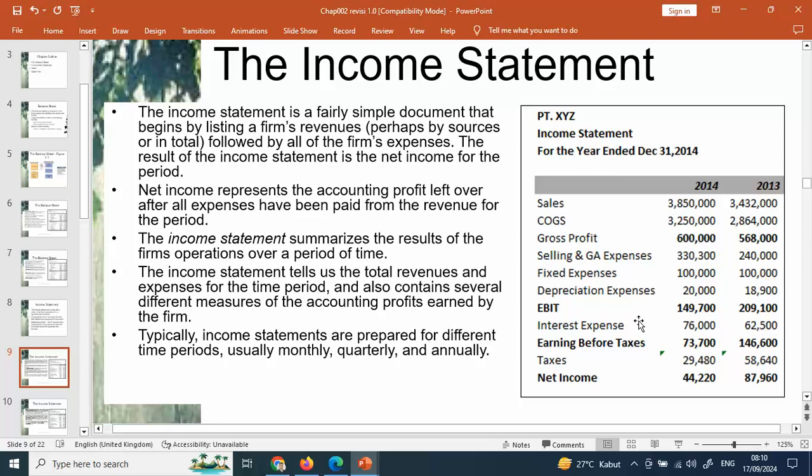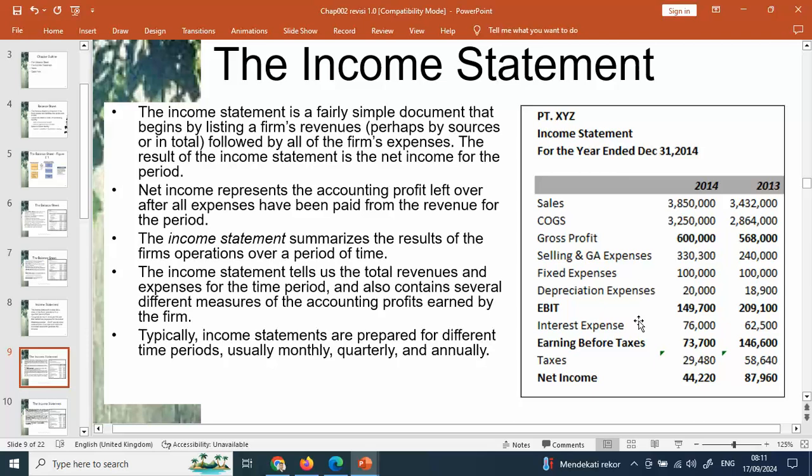The income statement tells us the total revenue and any expenses for the time period, for the whole year up to December. So the total sales of the year, cost of goods sold, and so on.